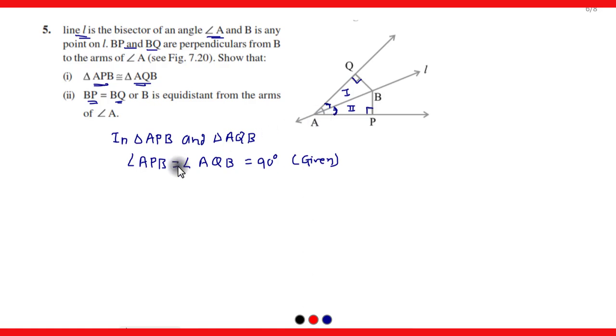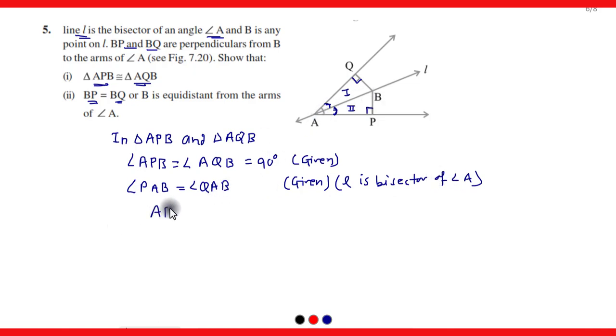So we can write that angle PAB, which is this angle, is equal to angle QAB, which is this angle, because this is also given. Because L is bisector of angle A. Then there's another thing, that AB is equal to AB.